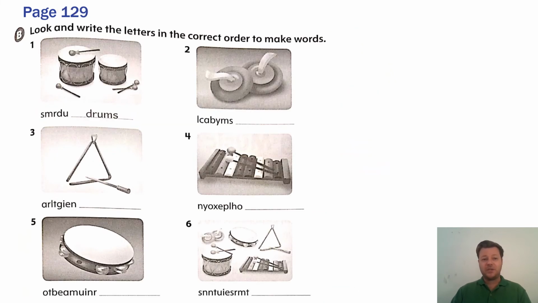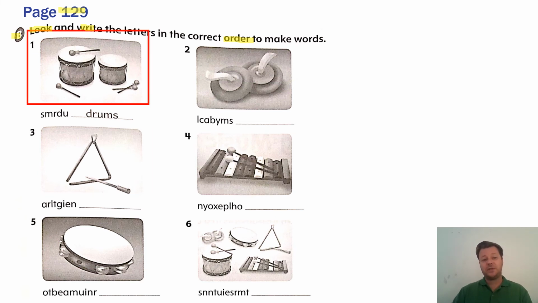Please turn to page 129, question B. They are asking us to look and write the letters in the correct order to make words. Now this is easy. We have done this many times before, P1. But we're going to look at example number 1.